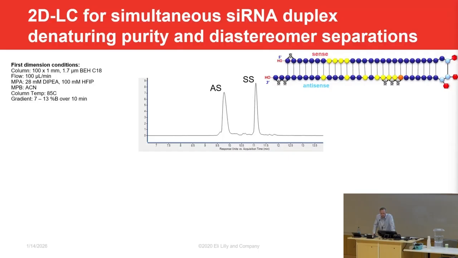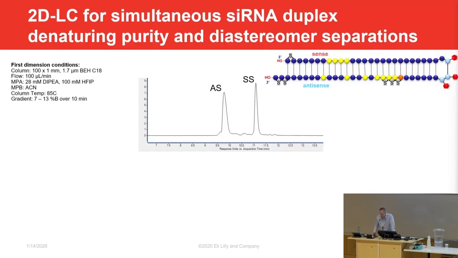If you add some thiol bonds on the terminus of your sense and antisense strands, the in vivo activity is greatly increased. And so profiling the diastereomers is important from a safety perspective and a process control perspective, to say, okay, our process is consistently making the same diastereomeric profile, and we're confident in our process.